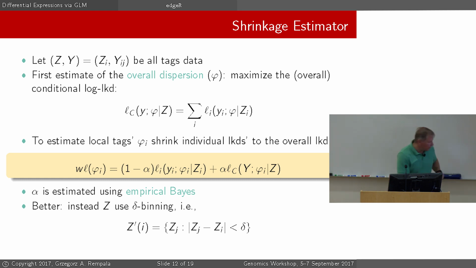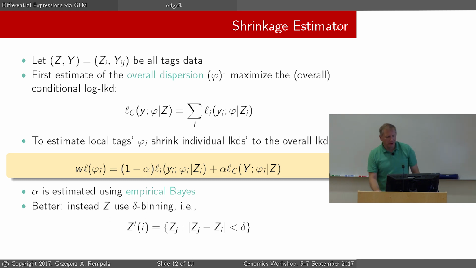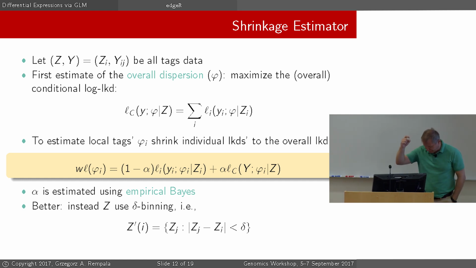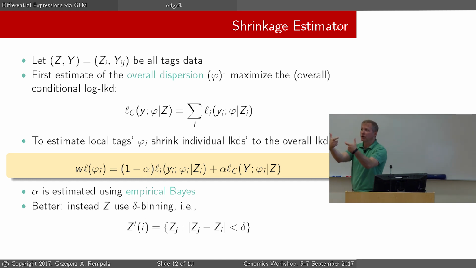And then I will develop a model in which I take what I have calculated as the overall dispersion parameter, and relate it to what I have calculated as my dispersion parameter for a single tag, which basically means that I will be mixing two things together.